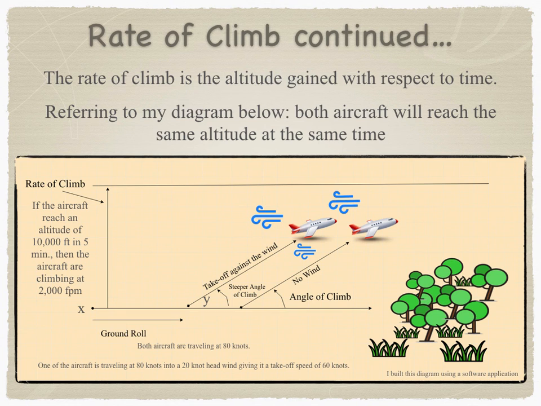We know that the rate of climb is the altitude gained with respect to time. So if both of these aircraft are traveling at the same speed, with respect to their angles of climb, it doesn't matter that one's steeper, it's still the same. So they both reach 10,000 feet in 5 minutes. We take 10,000 feet divided by 5, you get 2,000 feet per minute. Okay?